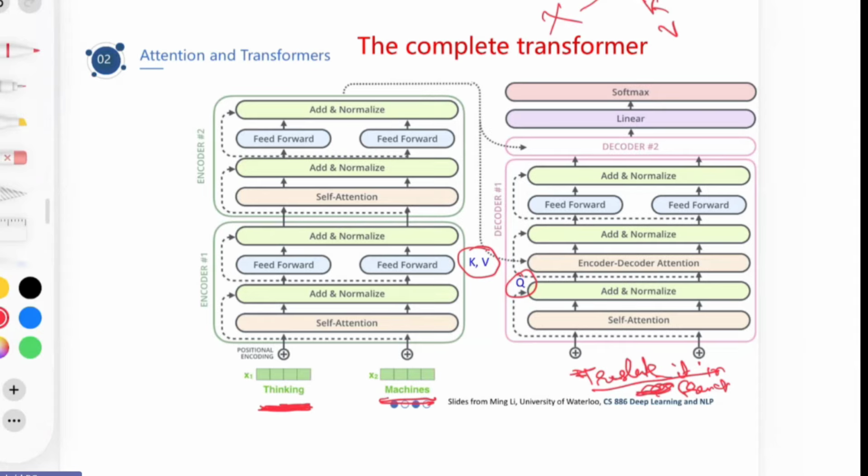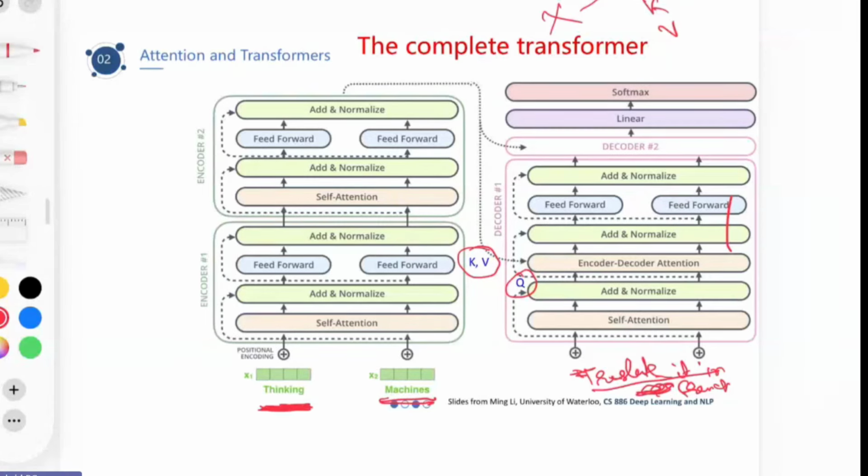Self means everything is coming from the same X, and then you are finding the attention weights and applying the attention, getting the attention weighted matrix. But if the things are coming from different X, and you are finding the attention, that is called cross attention. Okay, so with that, transformer is more or less completed.